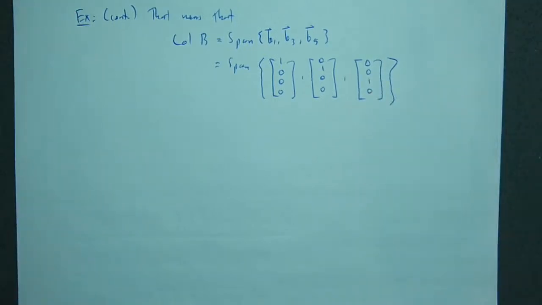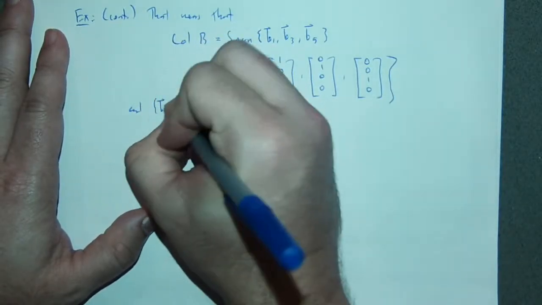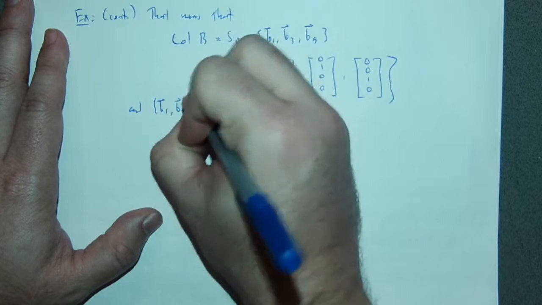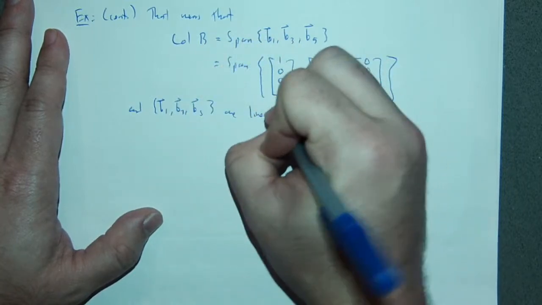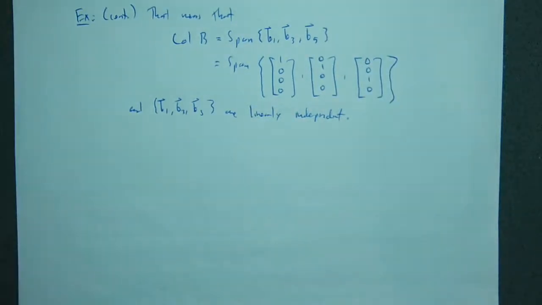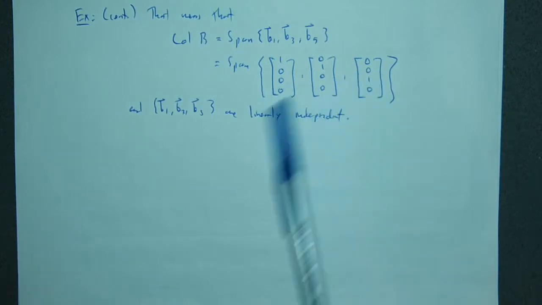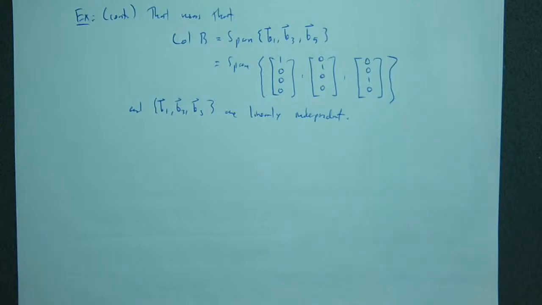Okay. And these three vectors, so B1, B3, and B5, are linearly independent. Again, to see that, you could just look at these vectors. None of them is a linear combination of the other two. So you're good to go. These are simple enough that you could use some basic reasoning like that.